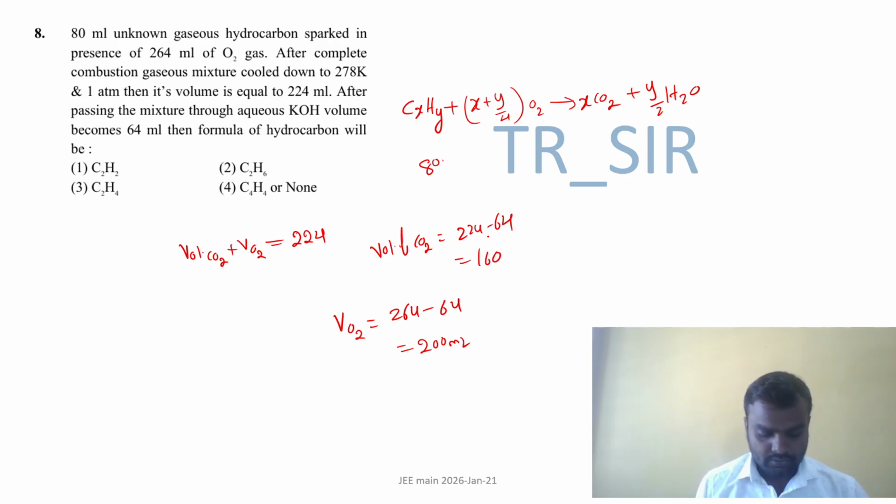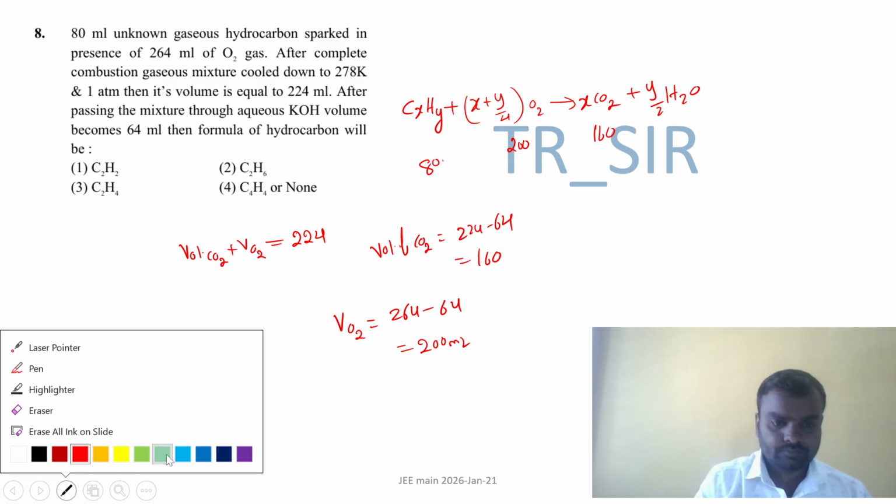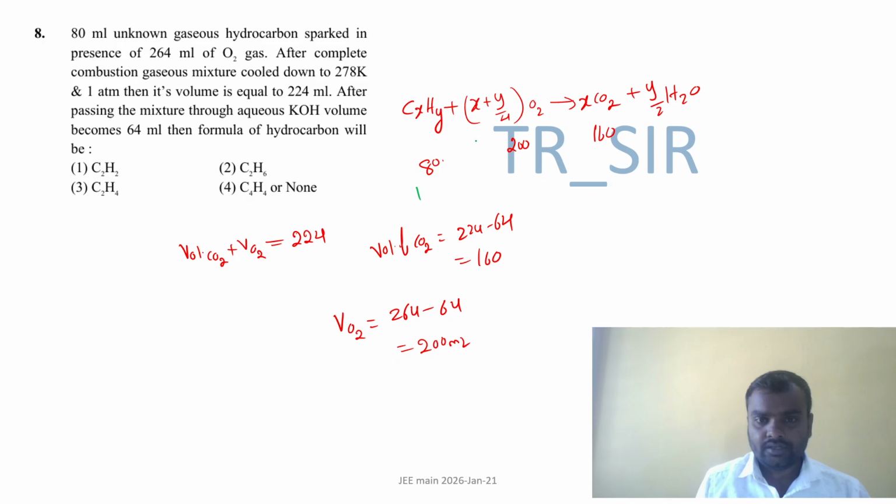Now try to equate this. Here the volume of O2 we got is 200 ml, and the volume of CO2 we got is 160. Now relate the stoichiometry. For the hydrocarbon, one. For O2, x plus y by 4.